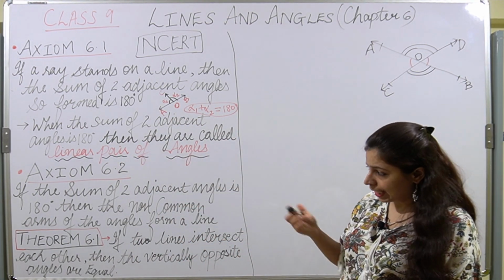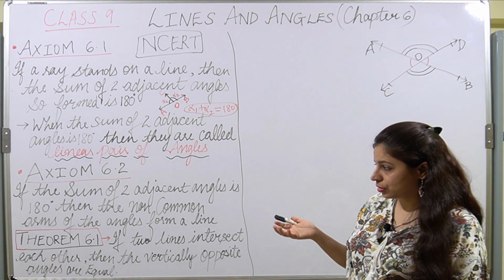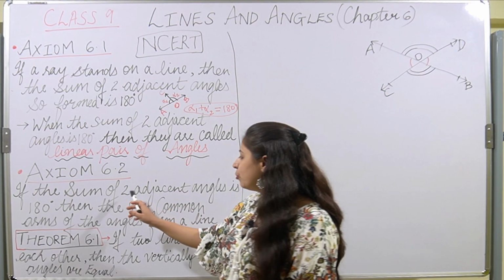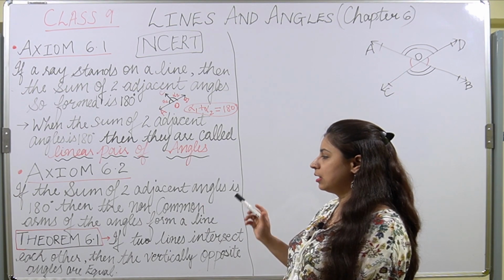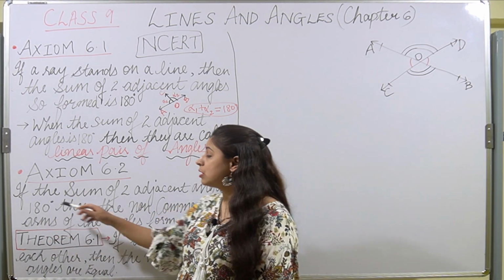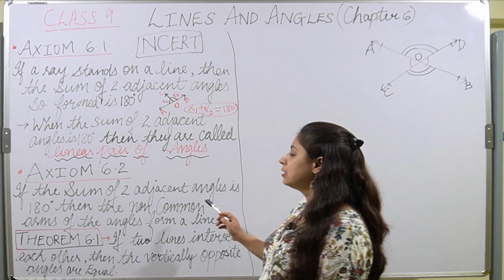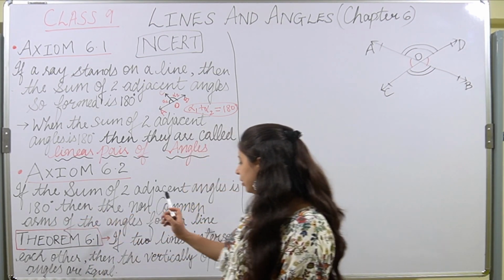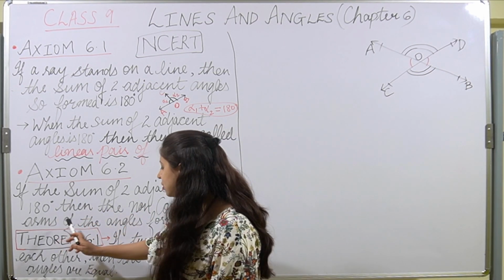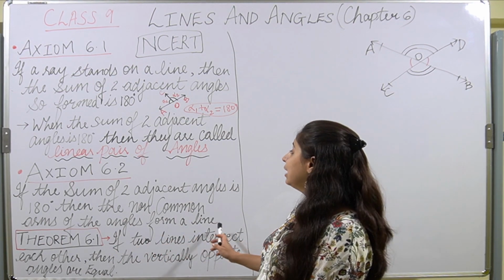Then the next axiom says, if the sum of two adjacent angles is 180 degrees, then the non-common arms of the angles form a line.